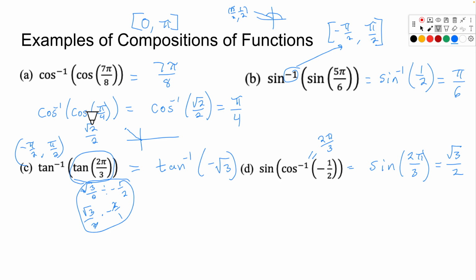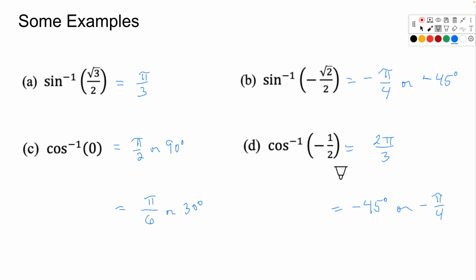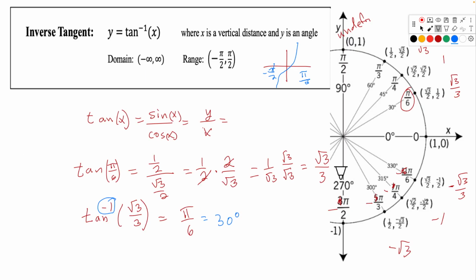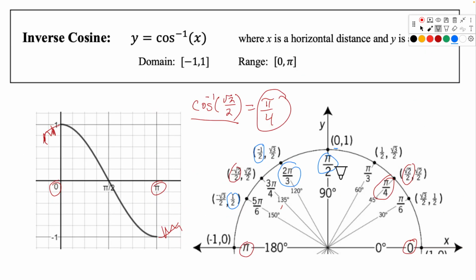Can you explain that? Sure. First we take the inverse cosine of negative 1/2. Negative 1/2 is an x coordinate here, so that's a cosine.